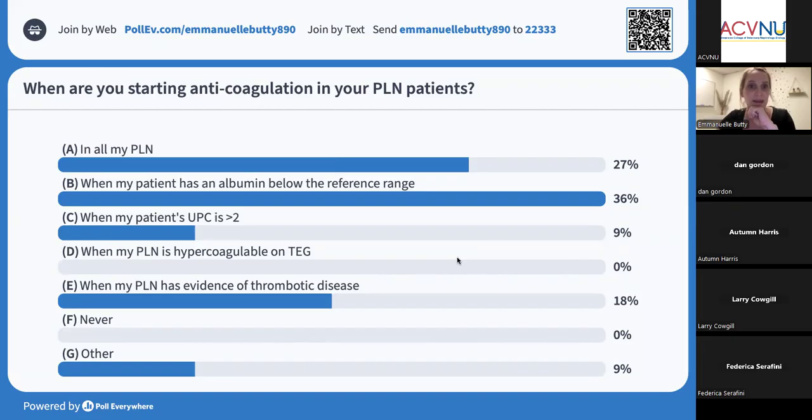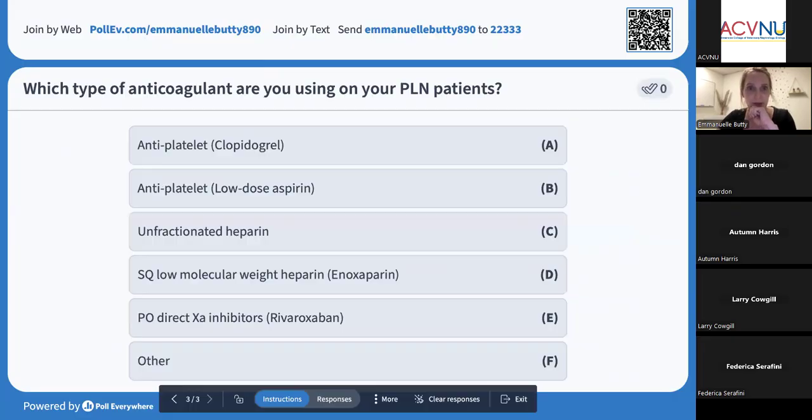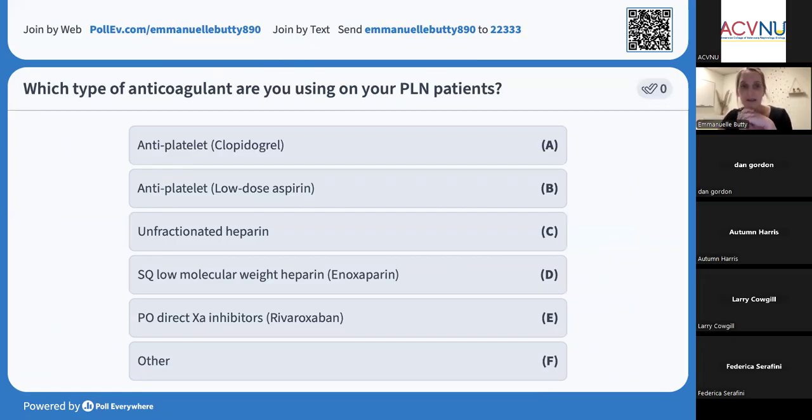And then my next question for you is, which type of anticoagulant are you using on your PLN? Are you using an antiplatelet like clopidogrel or aspirin?